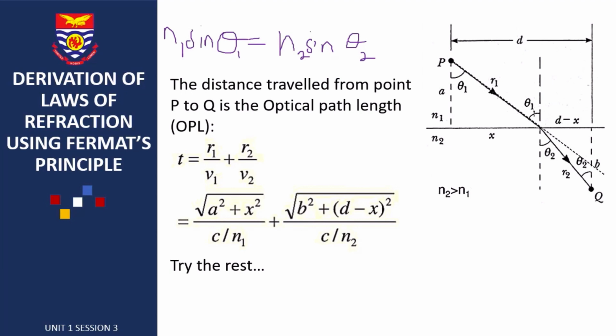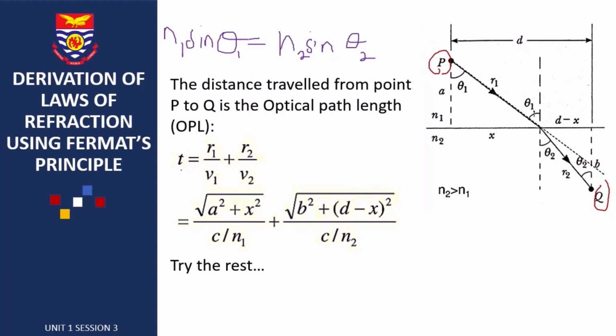And if we are finding the time traveled from P here to Q here, because they have different distances, that's our R1 and R2, and supposedly different velocities, that is V1 and V2, we are going to have time here to be equal to our R1 over V1 plus R2 over V2.